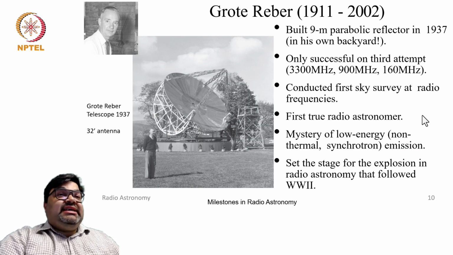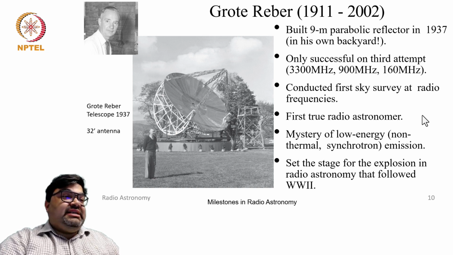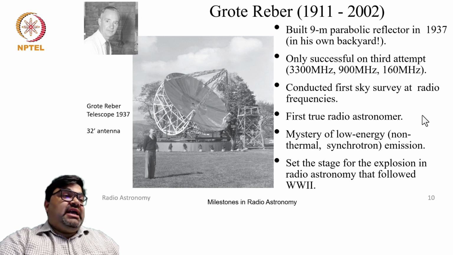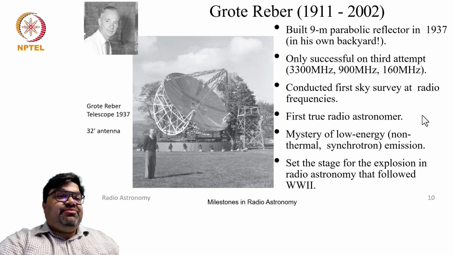So Karl Jansky is really the first radio astronomer in its true sense, who did it by accident, but then followed up with observations. However, looking at Karl Jansky's work, the next person, Grote Reber, got very excited, and he actually jumped in as a first radio astronomer.